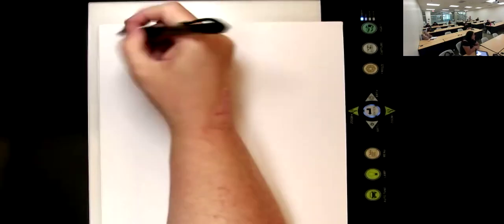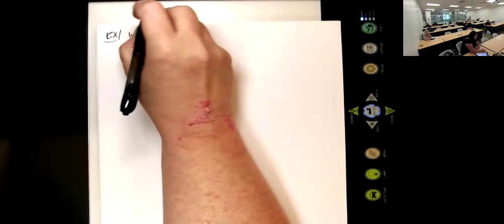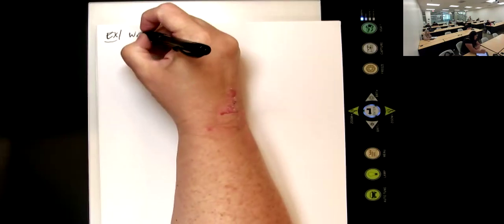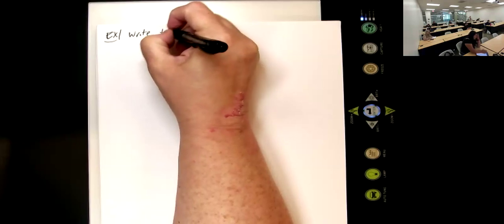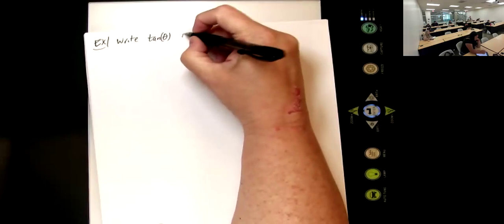Some stuff we're gonna need for the next section is practicing doing some of this. So in this example, let's write tangent theta in terms of cosine theta only.